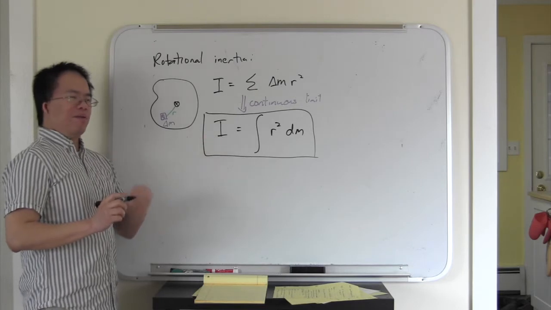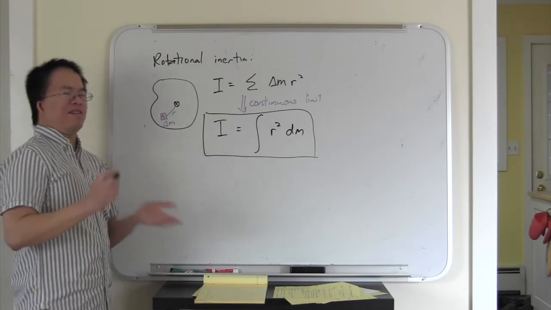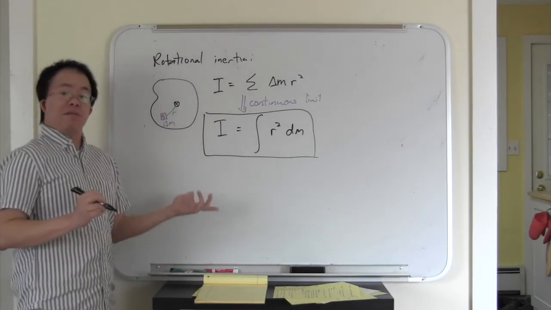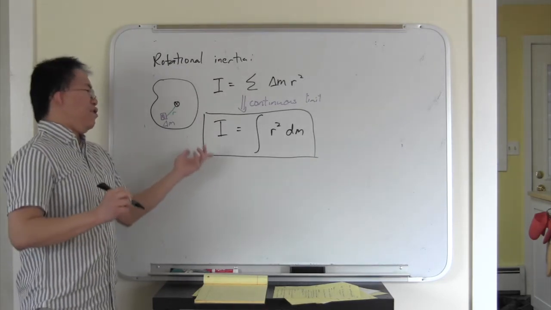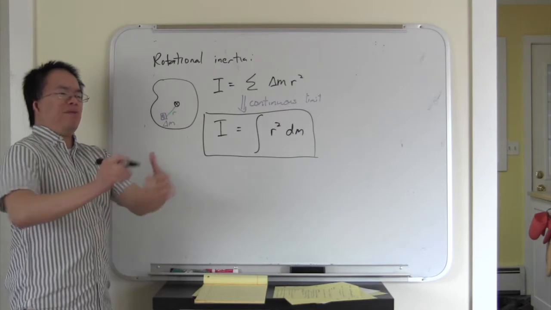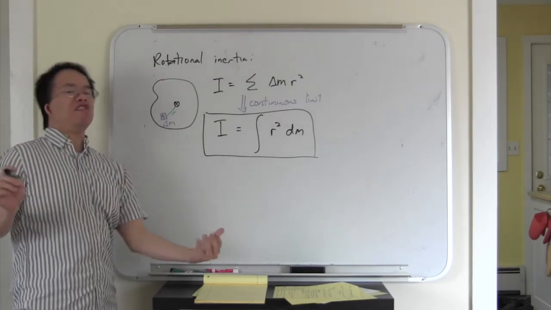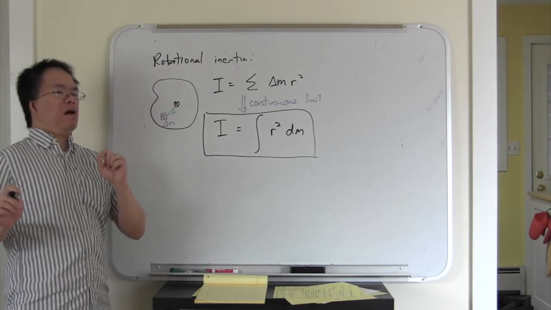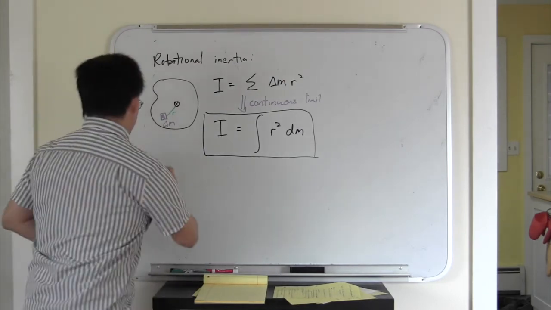So this integral is only nicely doable in special cases, but it does tell you what I says: the further away from my rotation axis my mass is distributed, the larger my I is.